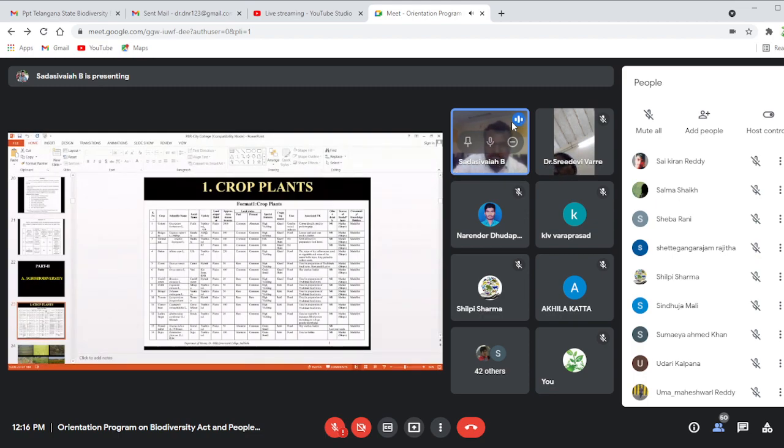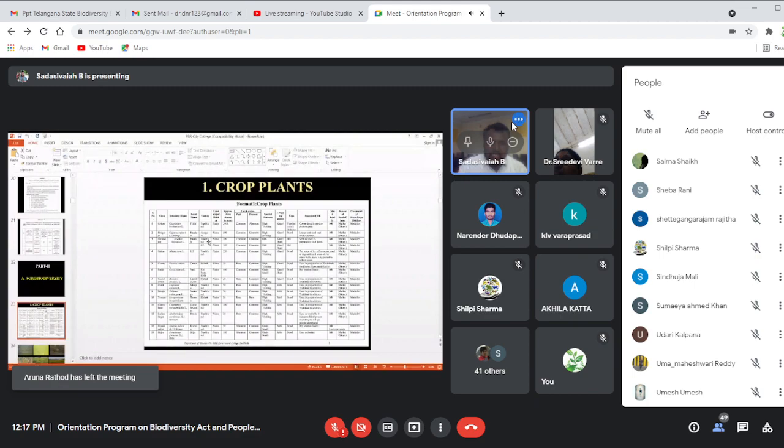Now I will give an example. If you take here groundnut, the third one is groundnut. We take that as the crop, groundnut. Scientific name Arachis hypogaea. Then the local name, in our area, is known as Pallilu. If you go to Andhra, it is known as Senakailu or Verusenga or Bundalu, like that. And the varieties: still now, many of the farmers are following traditional cultivation of traditional varieties, and some of us are following modern varieties.